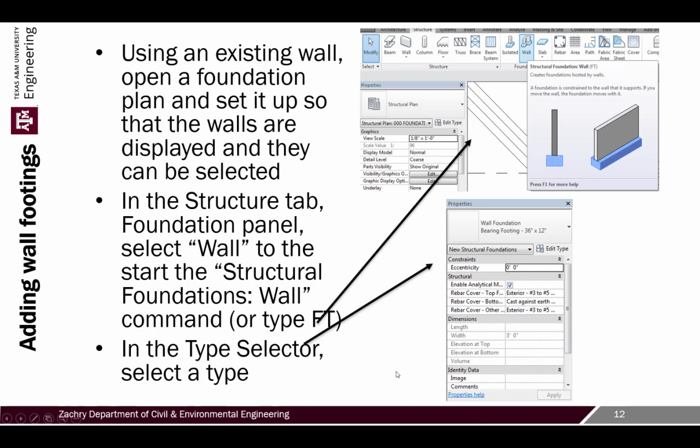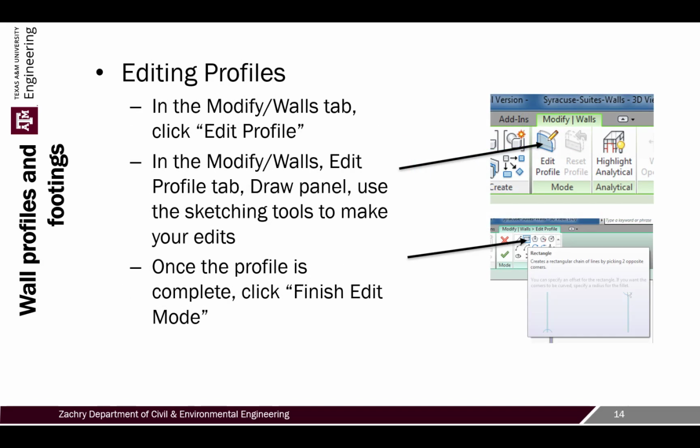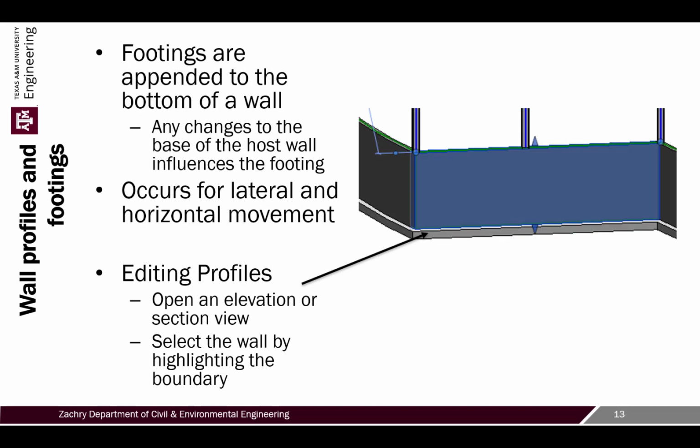So we're going to come in here, and the footings are going to end up on the bottom of the wall, so they automatically attach to the bottom of the wall. And so if you change where that wall ends, the footings will adjust with it. And then we can come in and place in those footings.